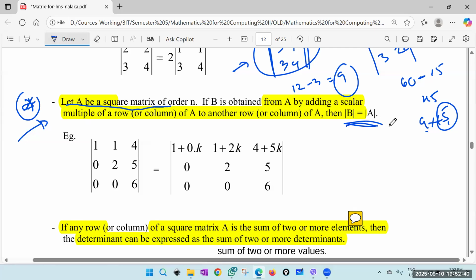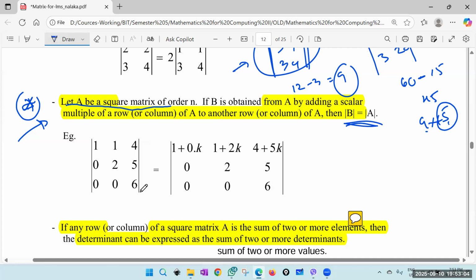So what is that? Say this is my matrix. Then from this matrix, I take any row or any column and add a scalar times any other row or column.